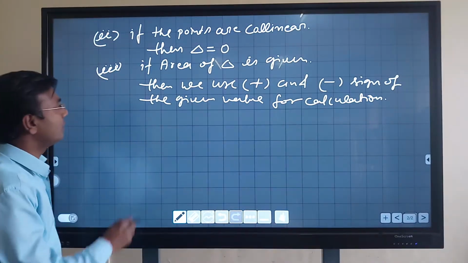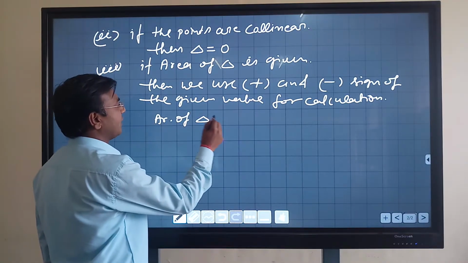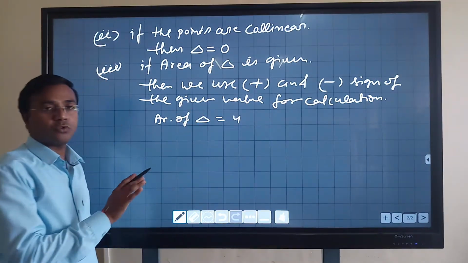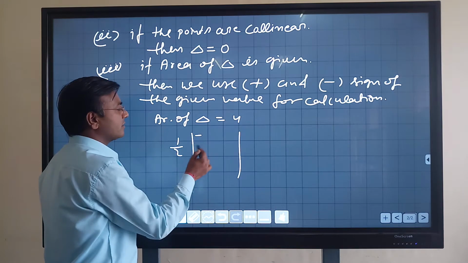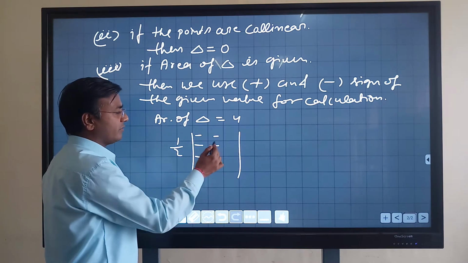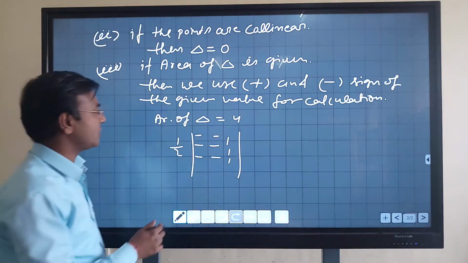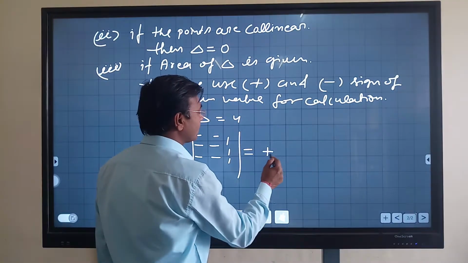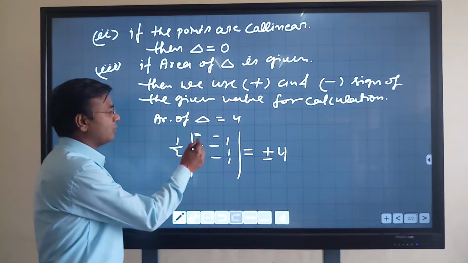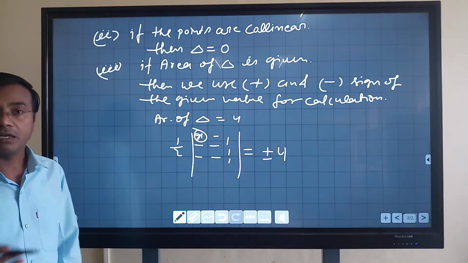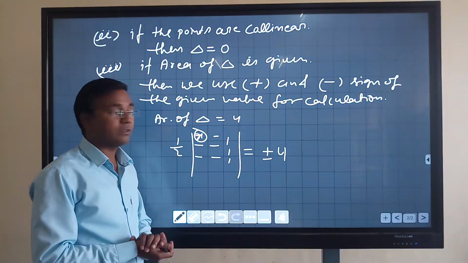Suppose there is a question where the area of the triangle is given as 4 square unit. While simplifying this, that is 1 by 2 determinant, the values you will write are x1, x2, x3, y1, y2, y3 and 1, 1, 1 because this is the constant. So we will be using plus minus 4. And there is any unknown value, suppose x, we have to find x and all other values are given and the area of the triangle is also given, that is 4.